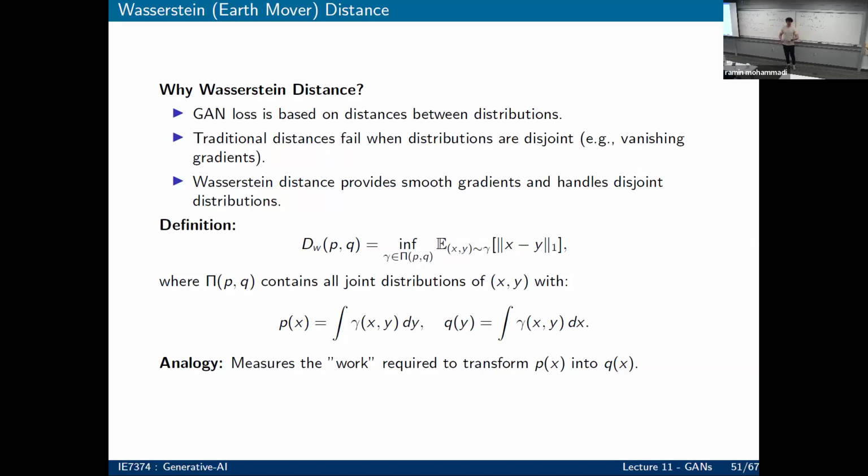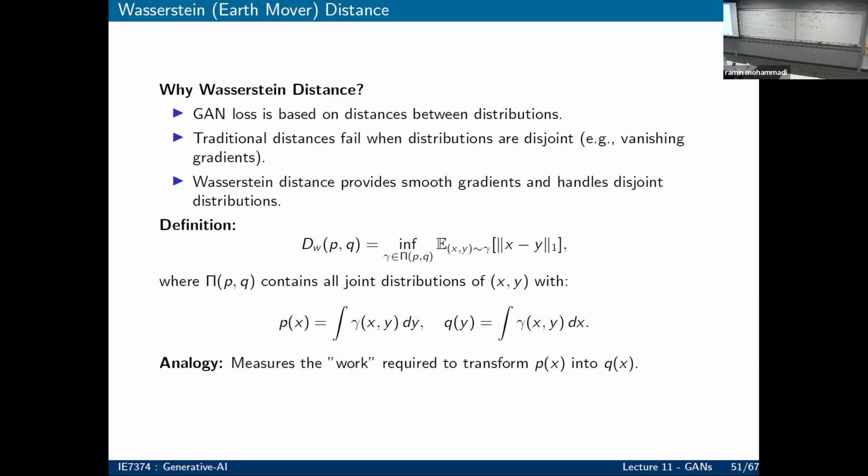Wasserstein distance calculates how much effort and energy it takes to move this pile to the other pile. From the concept of generation, how much effort will it take for us to map generated data to real data? That's the idea.